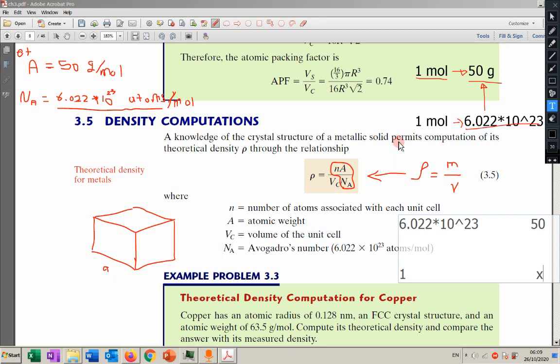If I change this one back to the letters, this 50 was atomic weight, and this is Avogadro number. So if I want to find the weight of one atom, we're going to find X here. X will be, if this one is the number of atoms, let's put N, so N times A over Avogadro number.